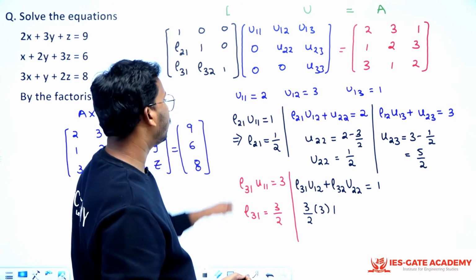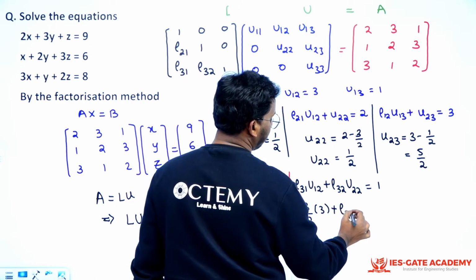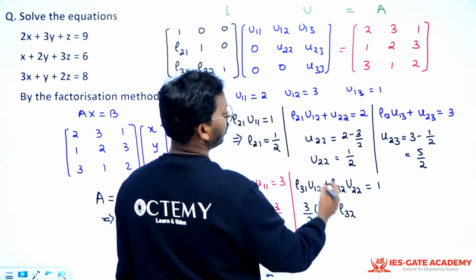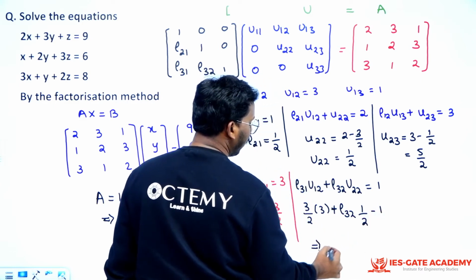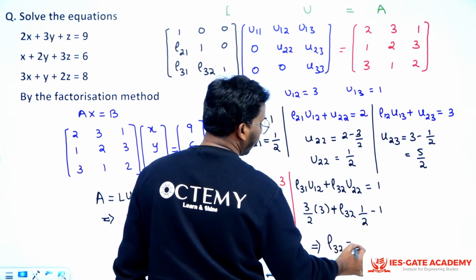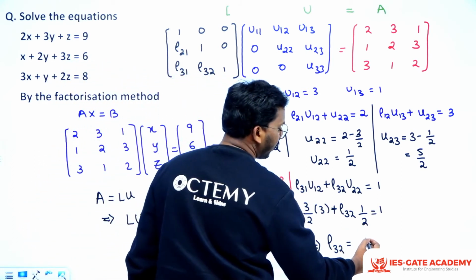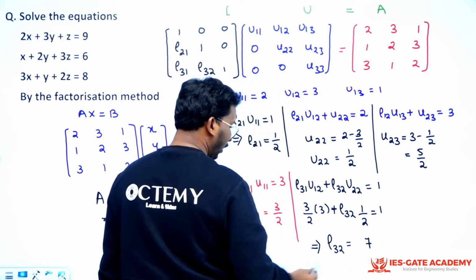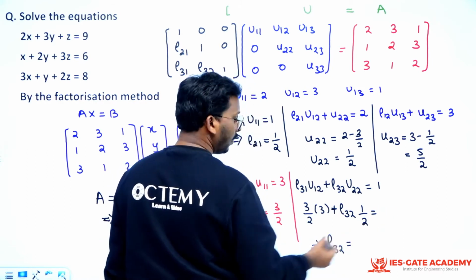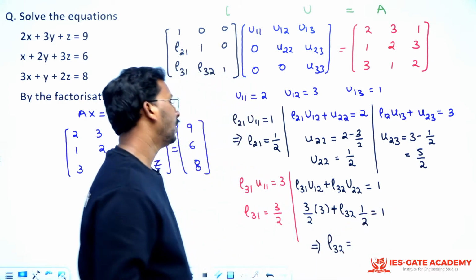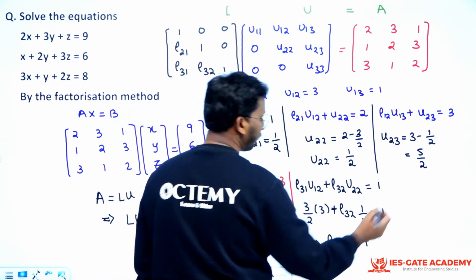No, you don't know L32. And U22 we just found is 1 by 2. So from here, L32 becomes 2 minus 9, which is minus 7.